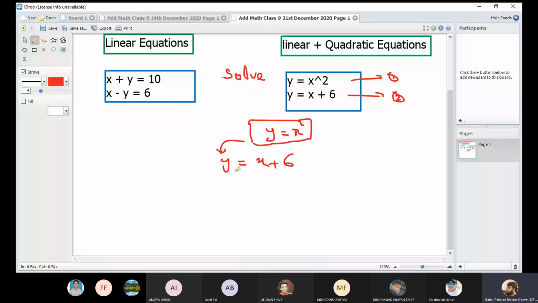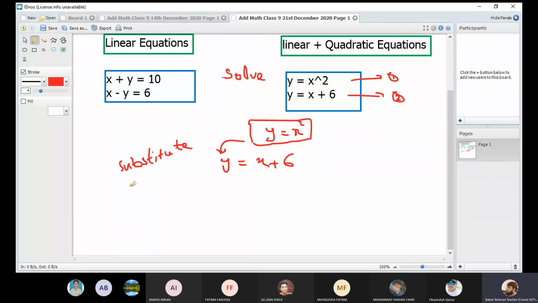Instead of this y, I will input x square. What I said, can anyone explain so far? What will I do now? The first step. Sir, we will substitute equation 1 in equation 2. Very good. Those who participate in class, they will get more marks in their assessment sheet.